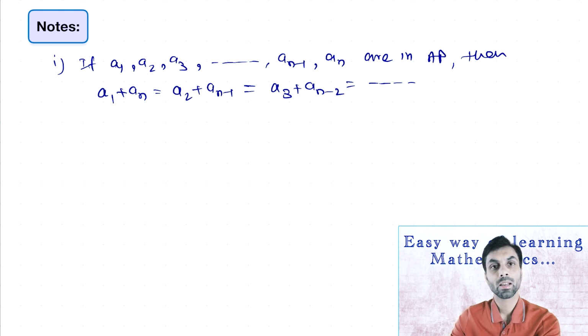That means in the sequence of an AP, the sum of the terms equidistant from the beginning and end is always equal.